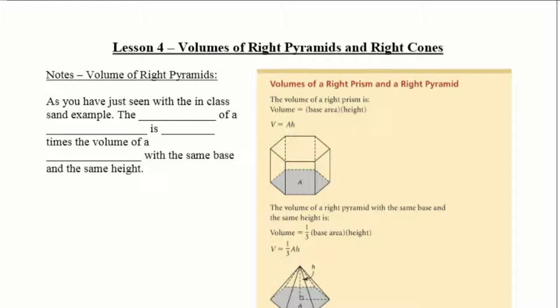You have just seen the class sand example. So what I did in class, I had these big 3D shapes and we could pour the sand, and you guys haven't seen that, but you can imagine it. So the volume of a right prism is 3 times the volume of a right pyramid with the same base and the same height.